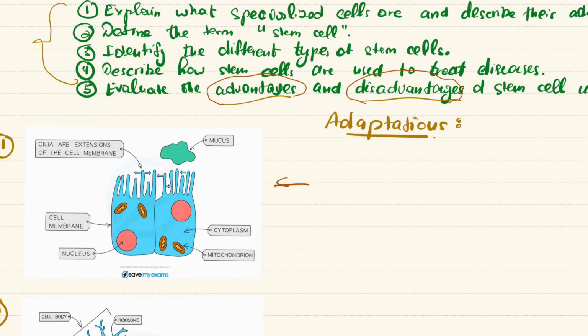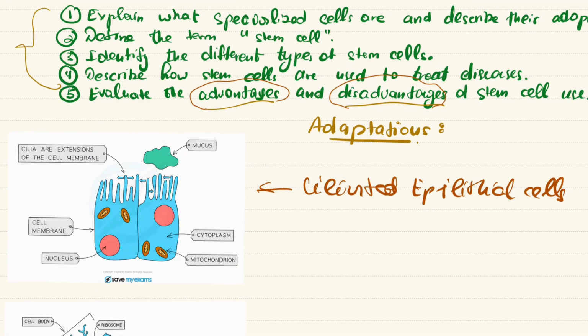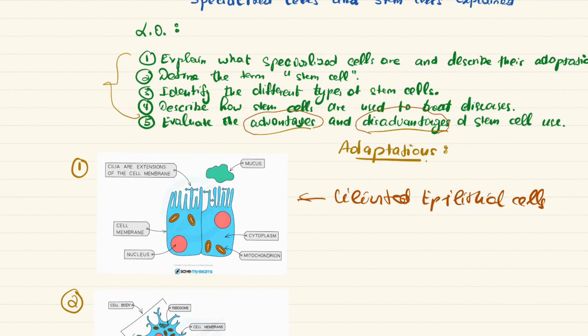The first one is ciliated epithelial cells. I might have spelled this wrong.